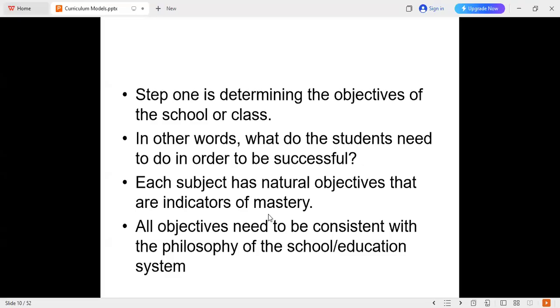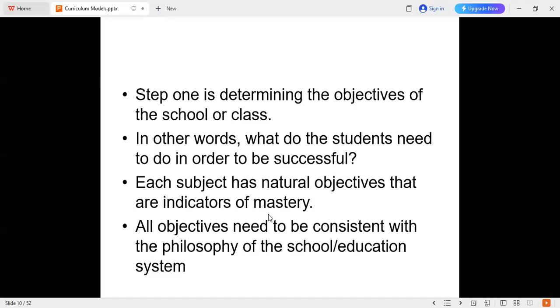It depends on the curriculum developers' program. In other words, what do the students need to do in order to be successful in their life? The purpose of studying and learning in the schools. How they try to achieve the objectives or goals by learning different subjects.